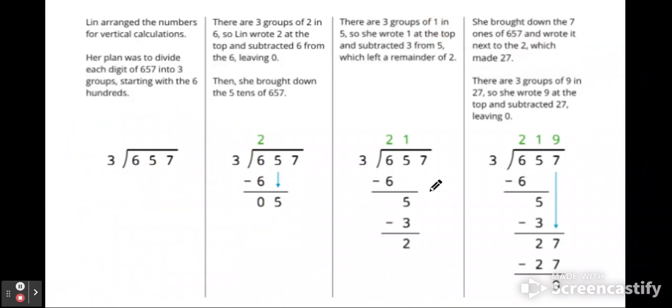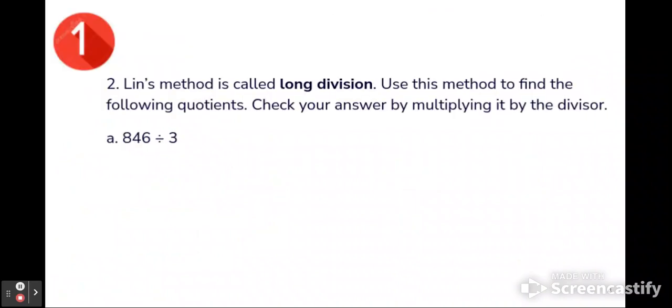Now you're going to get a little bit of practice. You're still going to use long division. So I'm going to write our steps over here. First you're going to divide, then multiply, subtract, bring down, and repeat. Your teacher in elementary may have had you remember this as Dad, Mom, Sister, Brother, Rover.